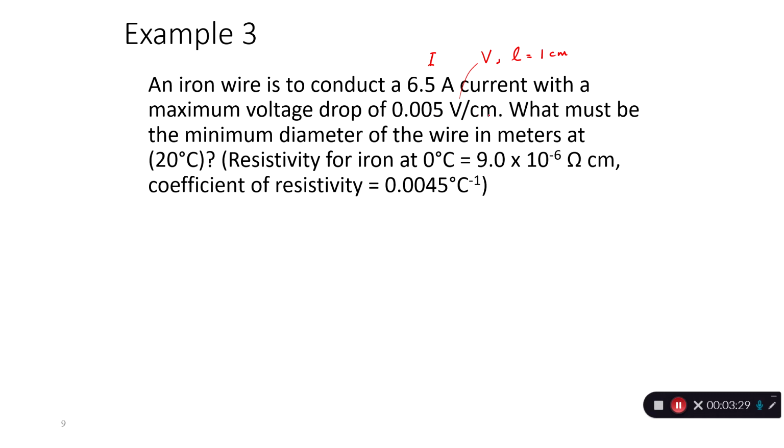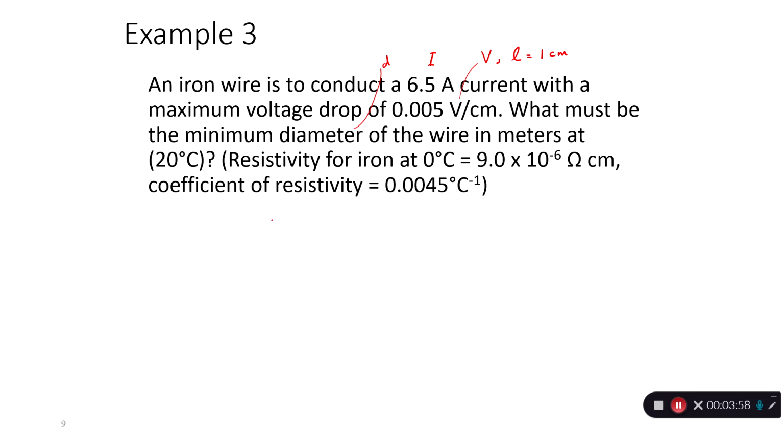If the wire is 2 centimeters, then it will be 0.005 times 2, etc. So we have to find D at 20 degrees Celsius. You have diameter, current, voltage, and length.